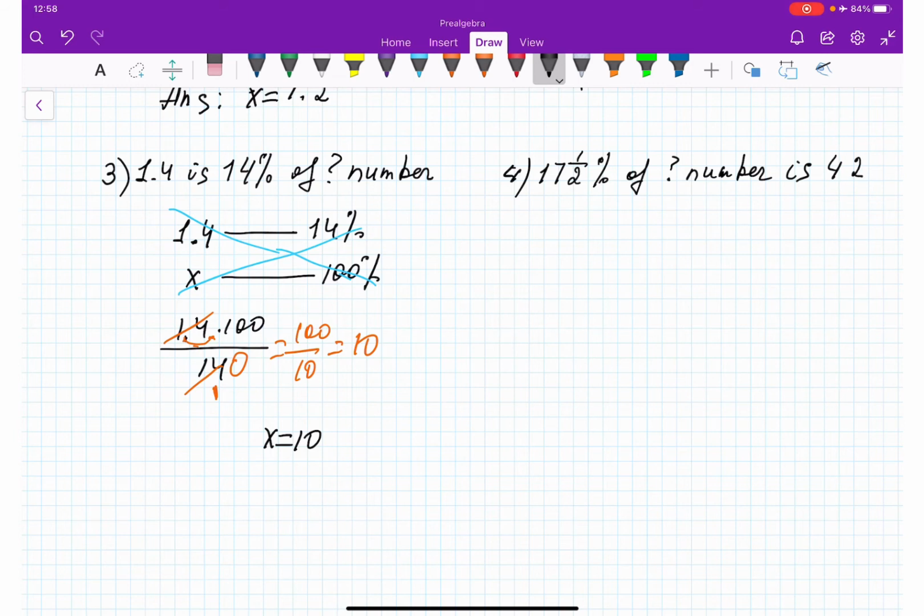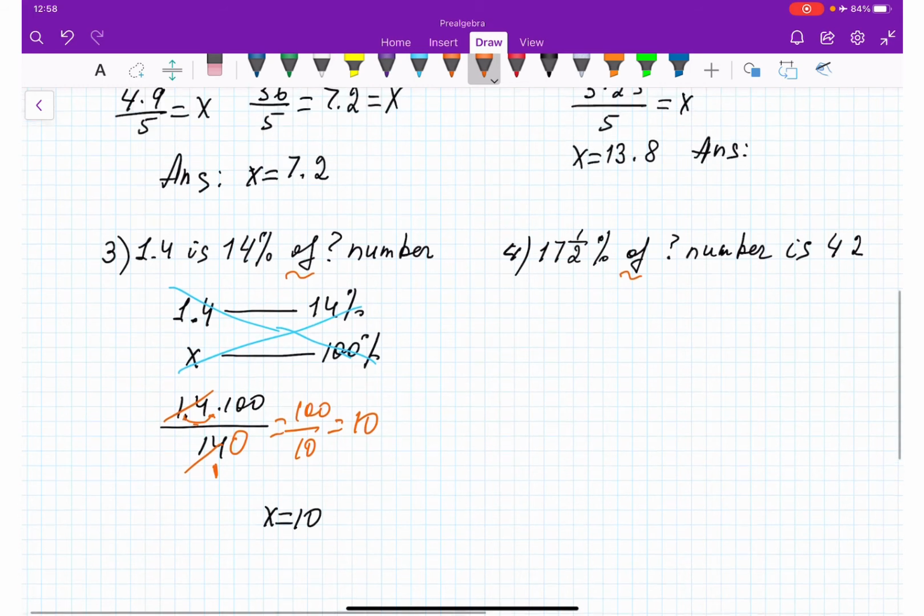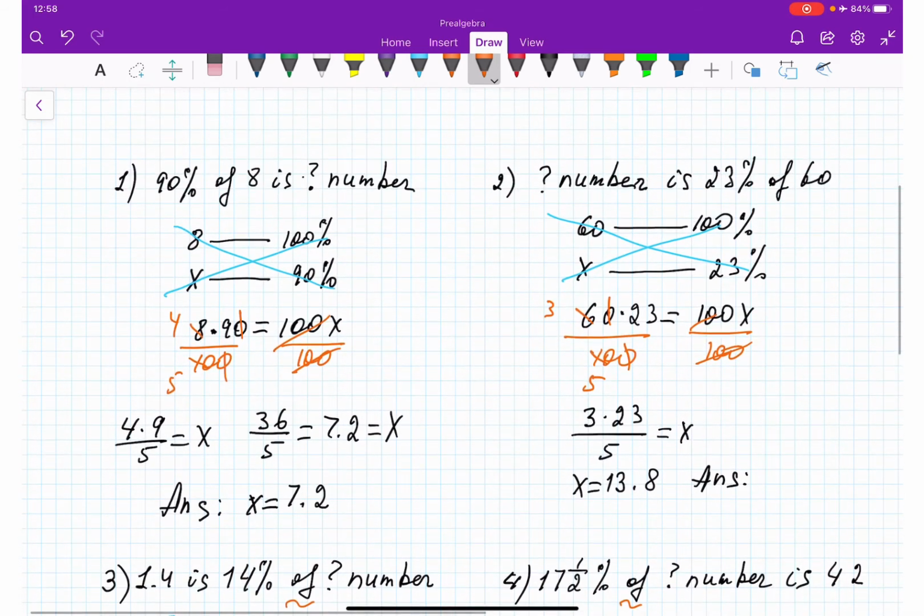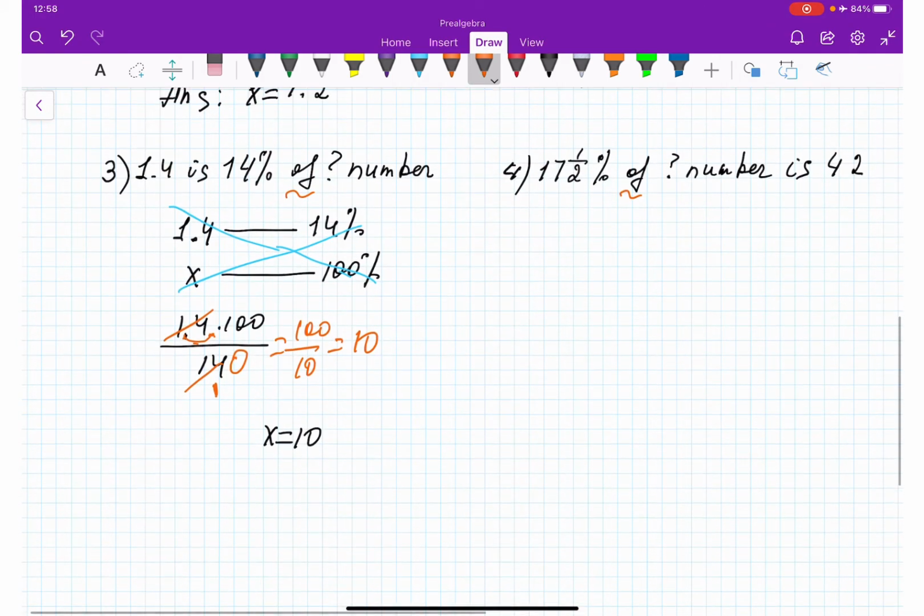Okay, so that what number is the total number, right? Total, in many cases, is going to stand after "of." Wherever you see this "of," that's when it's following the total. See, 60 is 100, of 60 is 100, of question mark, this question mark x is going to be 100.